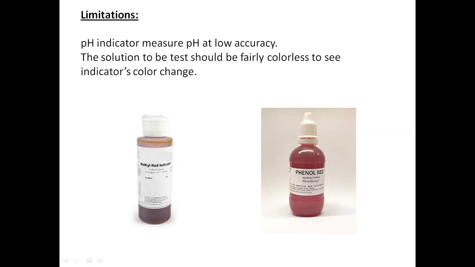There are certain limitations to the use of pH indicators. Again, pH indicators measure pH at a very low accuracy. They do not yield results in a numerical value, so they cannot give you accurate results. Also, for the use of any indicator, it is necessary that the solution you want to test should be colorless, because if there is any colored solution, how will you observe the change?